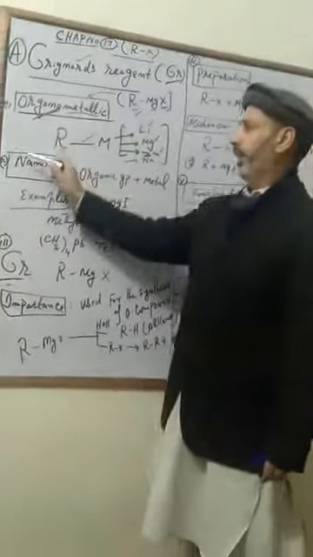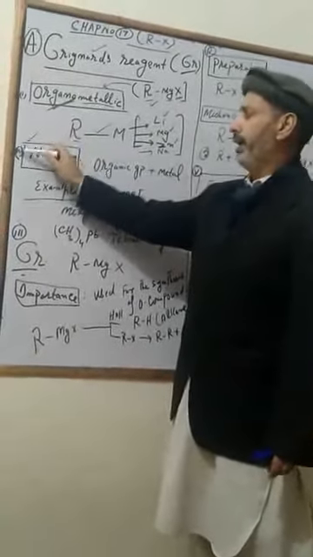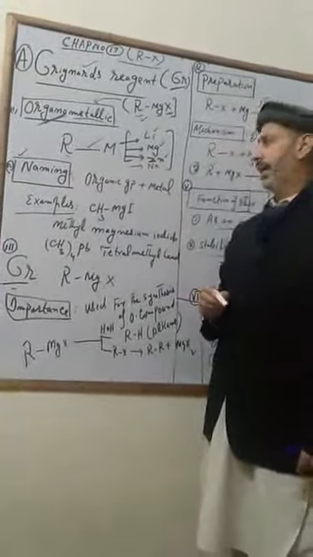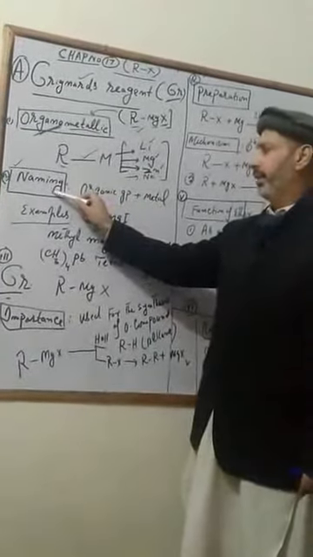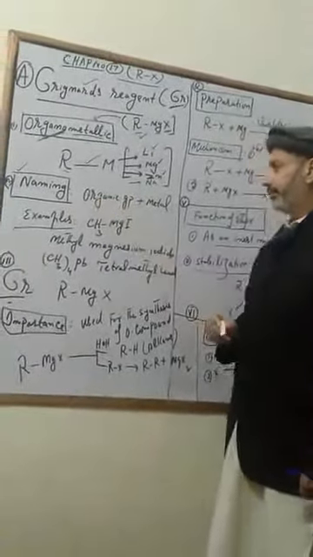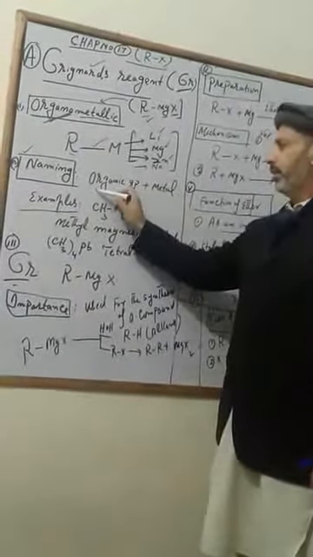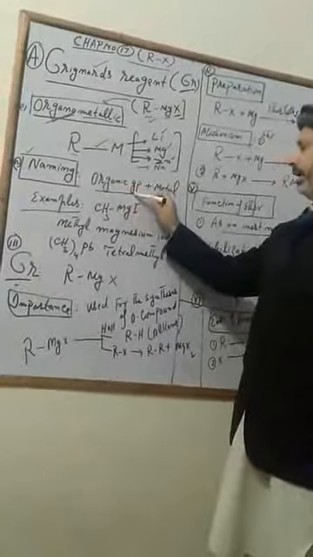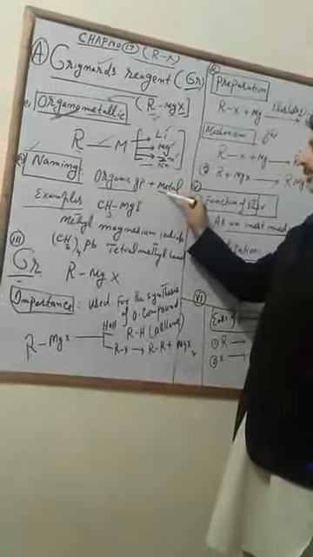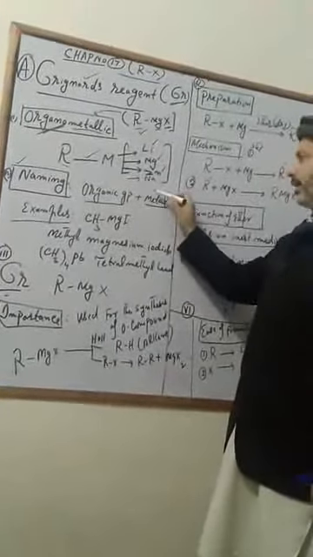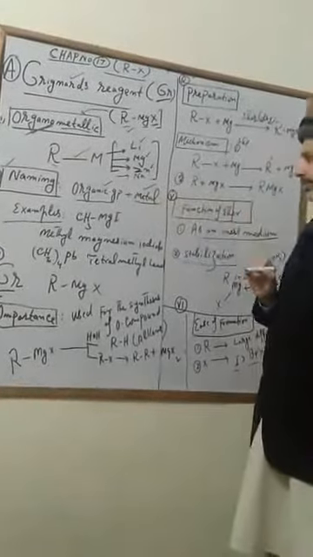The second portion is how to name a given organometallic. It's very simple. First, you name the organic group, followed by the name of the metal, and followed by some other group which may be present.